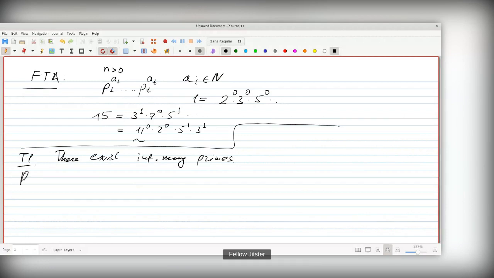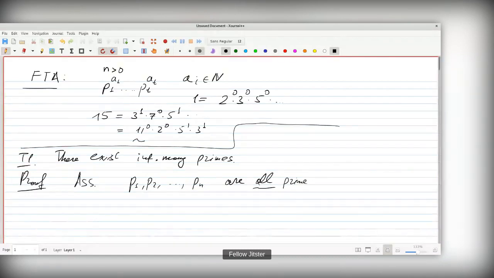Okay, so for the sake of contradiction, assume that P1, P2, and so on, Pn are all primes in existence. There is no other prime.